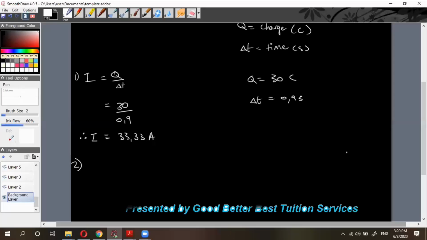For number 2, the most important thing we need to do first is find out the quantity of charge that passes through a point in 1 second.